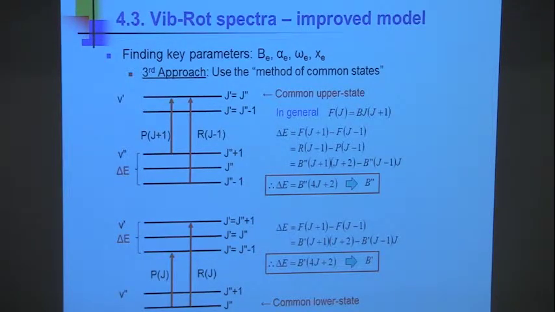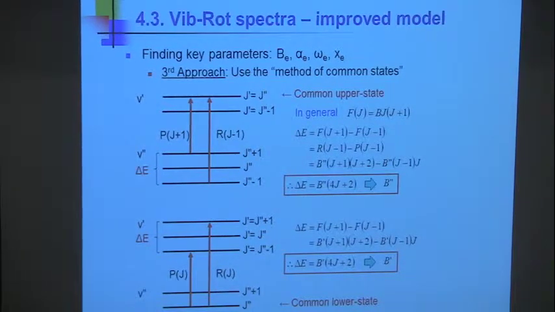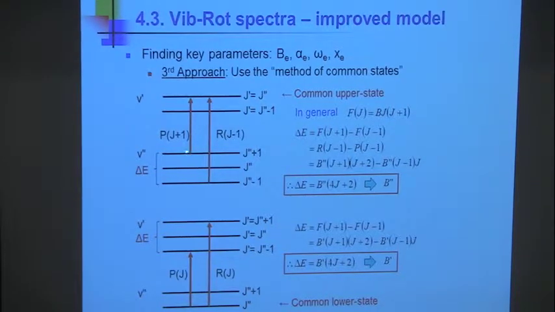There's a third way of determining these numbers. It's called the method of common states. Imagine you have the line positions. Now you can think about it this way: pick the 2 transitions that have the same upper state. They would come from here, and they'd come from here. If you have your positions, you can take the difference between these 2 lines, and you've just determined delta E, which is a function only of B in the lower state.